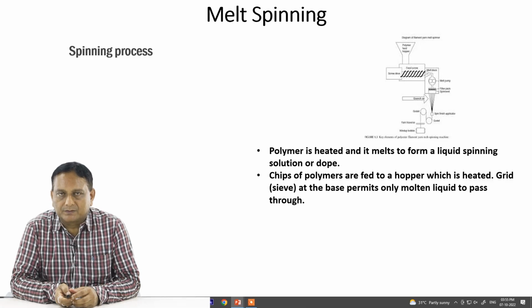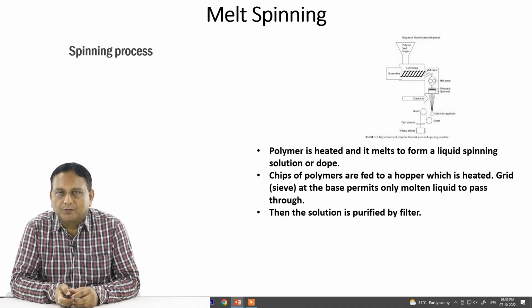Chips of polymer are fed to a hopper, as we have already seen in the previous photograph, which is heated, and when heating is done, the melting takes place, and then the molten liquid will pass through.